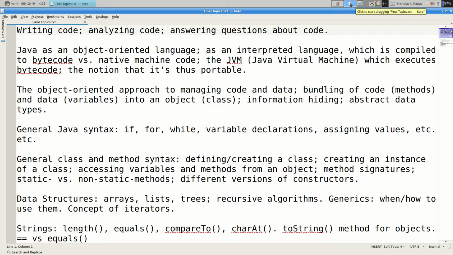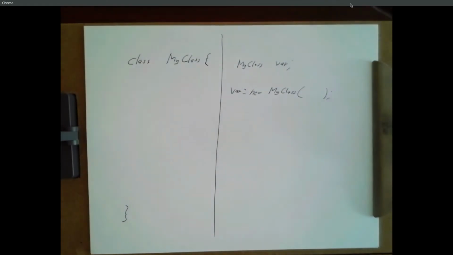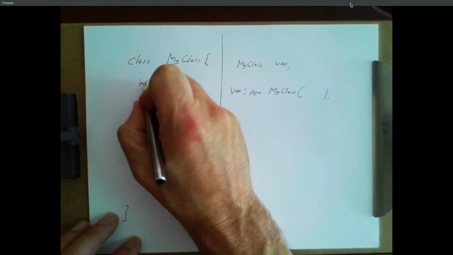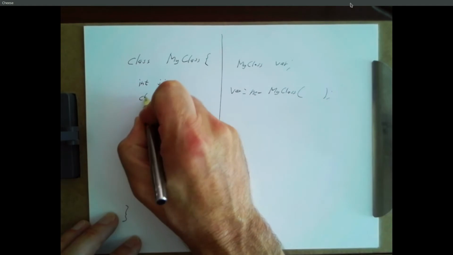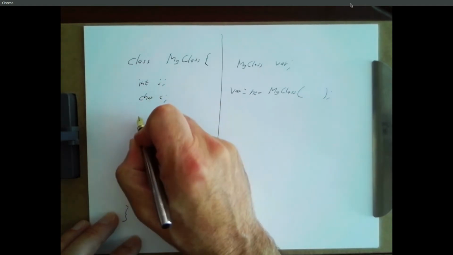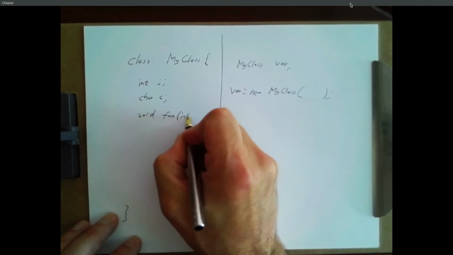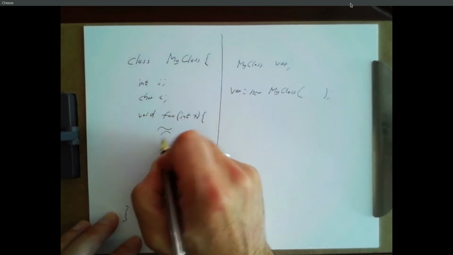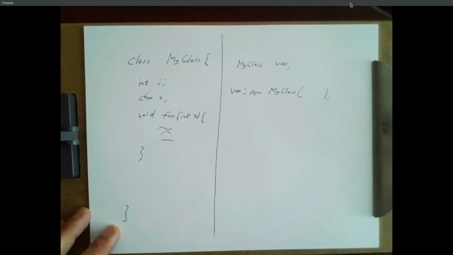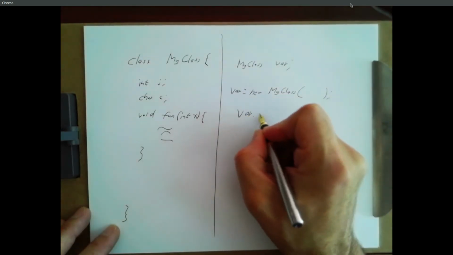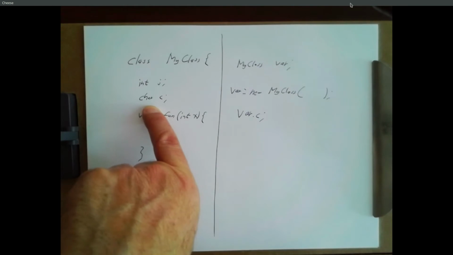To access pieces of an object, we just use a period. Okay, there's no need for an arrow notation because we don't have pointers, even though this thing is kind of a pointer to the object. If we have, you know, int j and char c, and we have some function which does something, I can say variable.c, and that refers to this character.